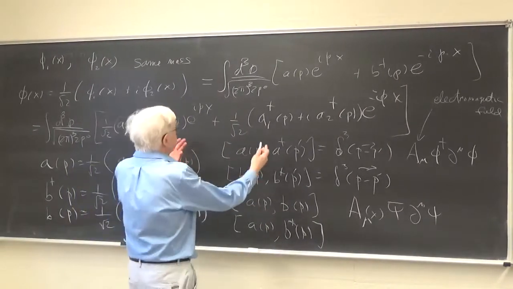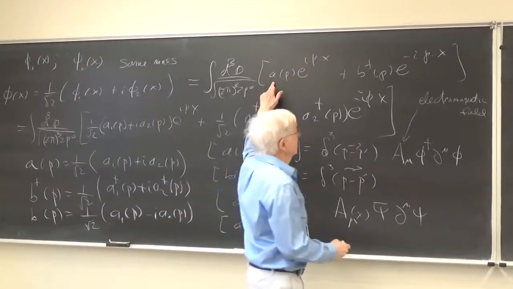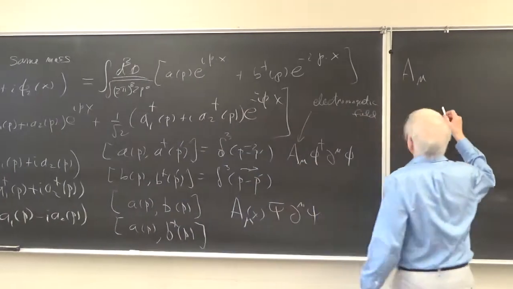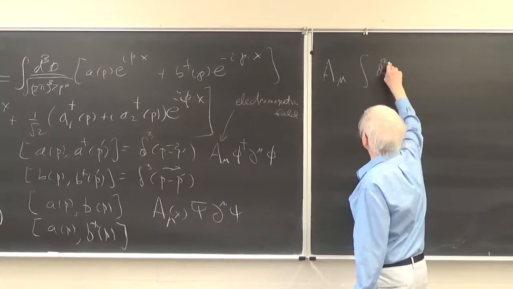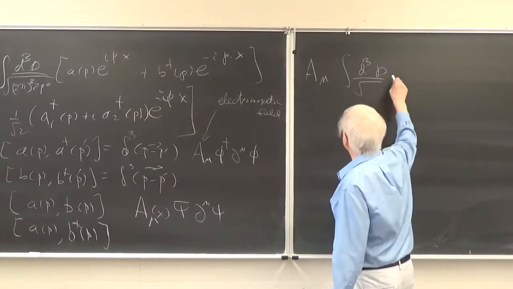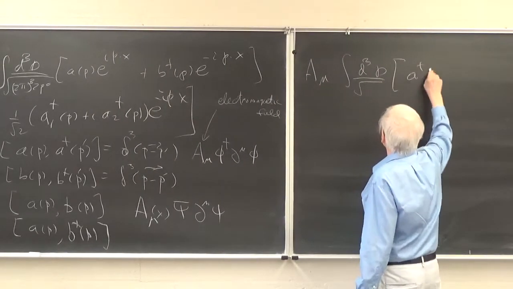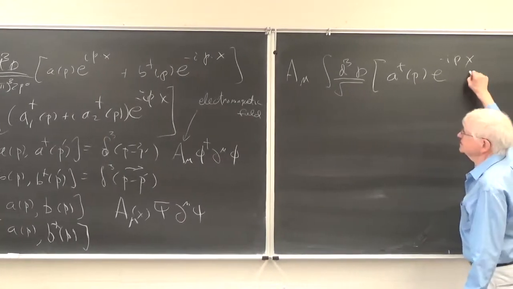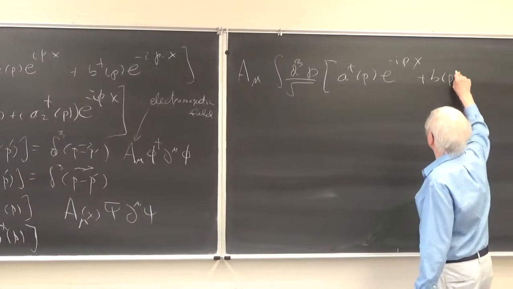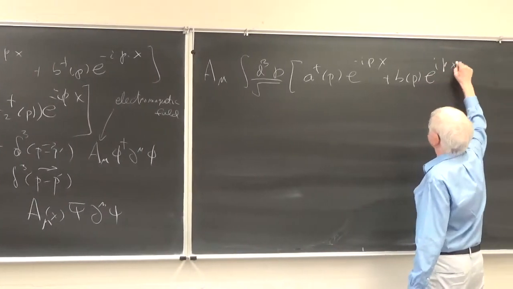So phi dagger, you see, will have things like d cubed p over the square root, you will have a dagger of p e to the minus i px plus b of p e to the i px.